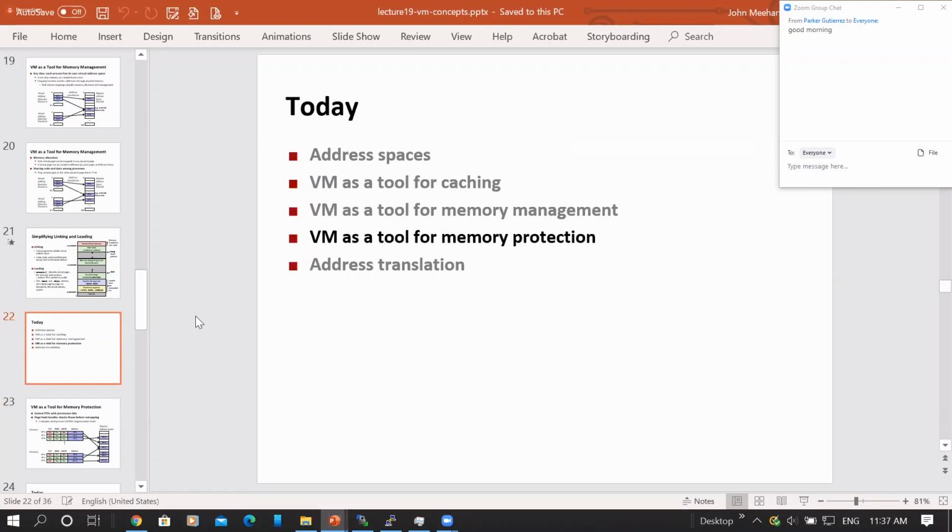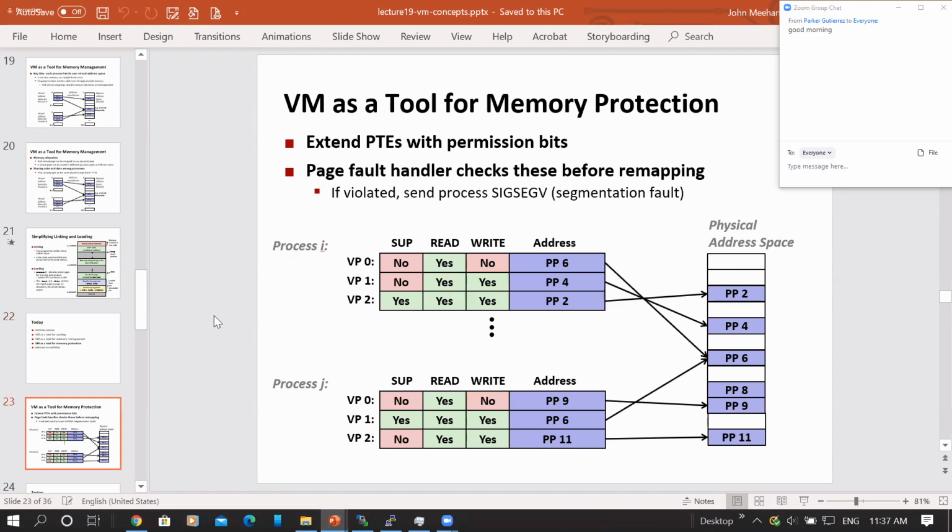So another way is a way to implement memory protection. And so we can have these bits associated with these entries in the page tables, right? That tell what the permissions are that this process has for that physical page of memory. And so we could have read, write, and supervisor.